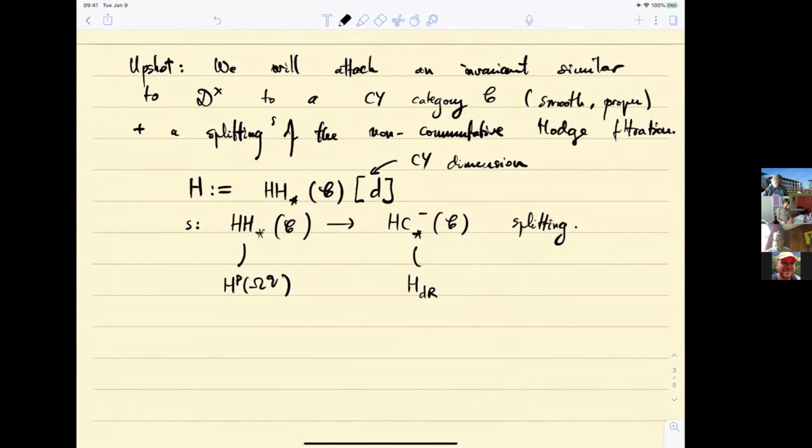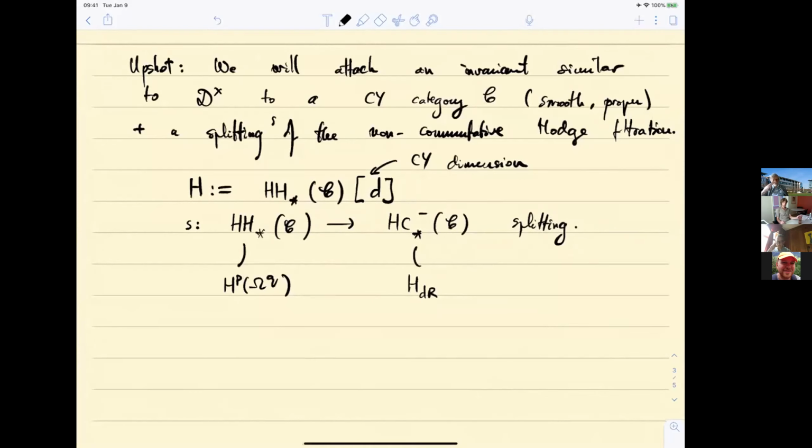So I'm just trying to find a way to map all the Hodge groups, H^p(Ω^q), into the de Rham cohomology. Normally there is only a filtration with associated graded terms, this H^p(Ω^q), and I want to get a map that embeds it.